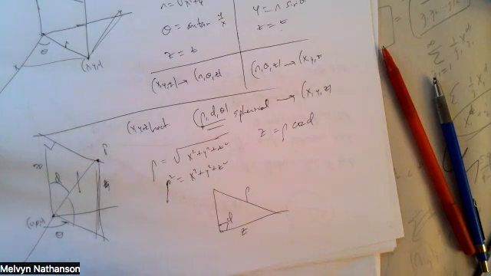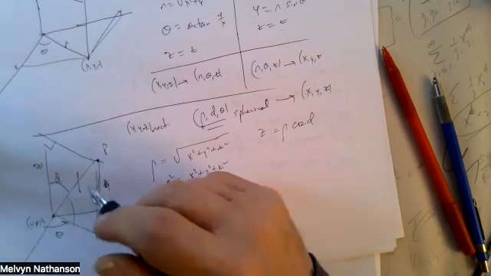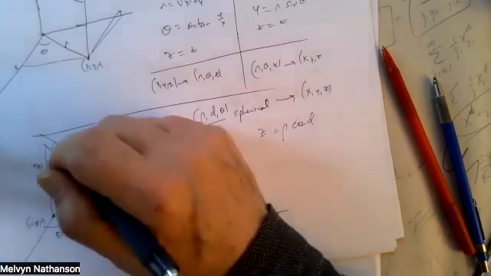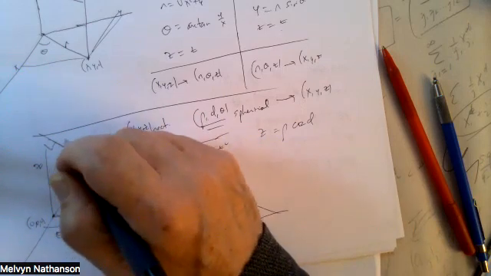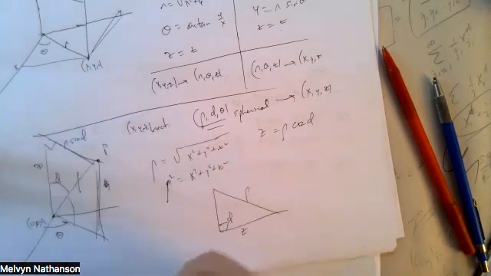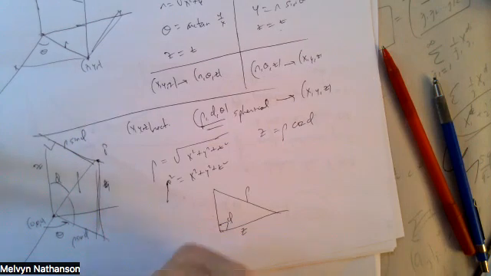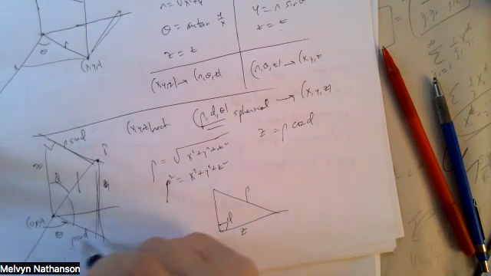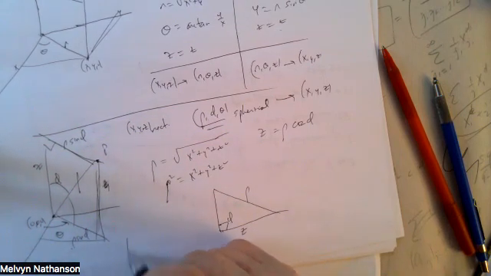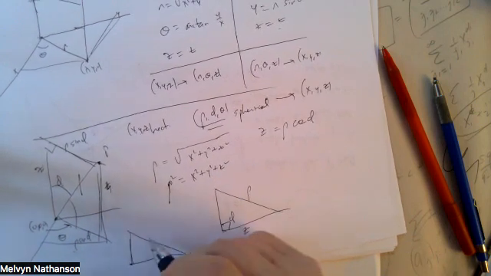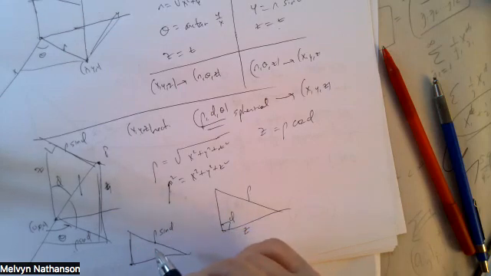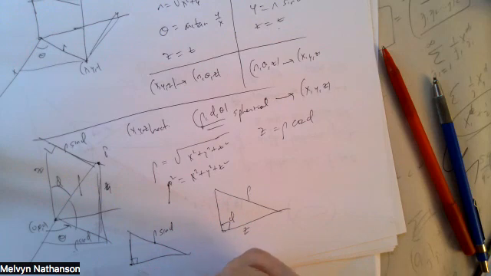How do I find x and y? So this is rho sine phi. So here I have a triangle, where this is rho sine phi. This is my right angle.